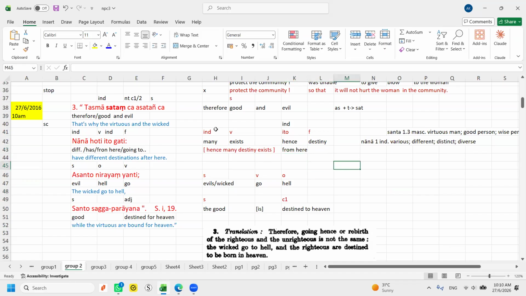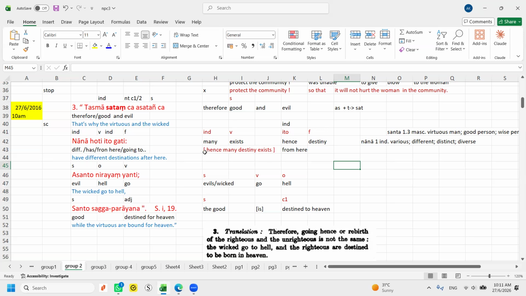So what I do, I have to rewrite this, because hence is indeclinable, like therefore. Hence many destiny, many, and this one is an adjective to this. Many destiny exists.